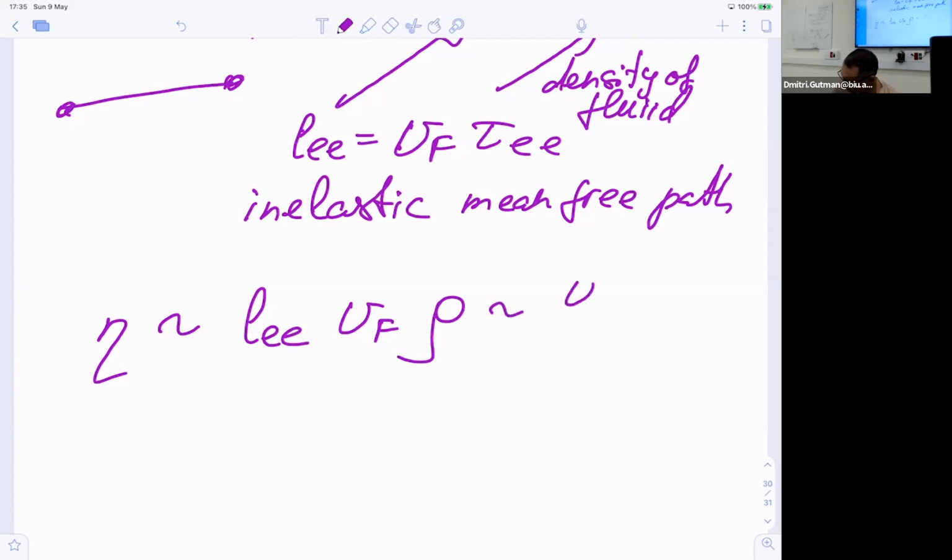So I can write it as V Fermi squared times tau EE times rho. And I can ask how the viscosity of the fluid changes with temperature. And you should be able to answer this question by now. What in this equation changes with temperature?